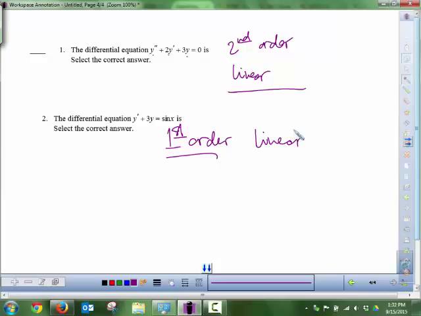I'd like to see you try. Try to separate it. So dy dx plus 3y is equal to sine x. So there's a plus 3y here, so we can't separate it. So it's not separable.